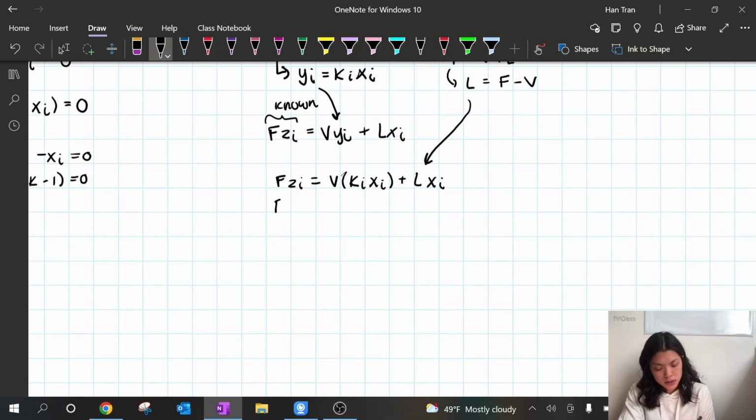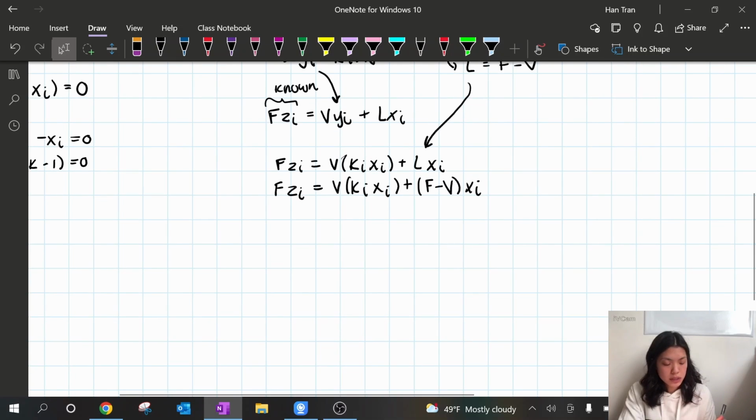And so that's going to give us the feed times the feed mole fraction of component I equals the vapor times the ratio times the liquid mole fraction plus the feed minus the vapor times the liquid mole fraction.